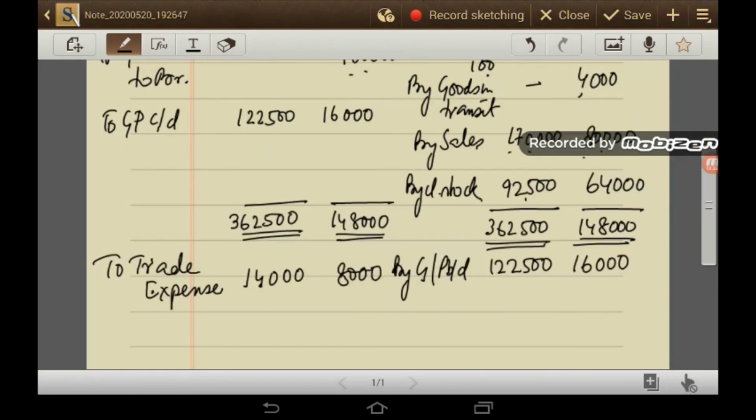So now we have to prepare the profit and loss account. So gross profit brought down will be 1,22,500 and 16,000, and trade expenses are given at 14,000 and 8,000. So we have to calculate here the stock reserve.